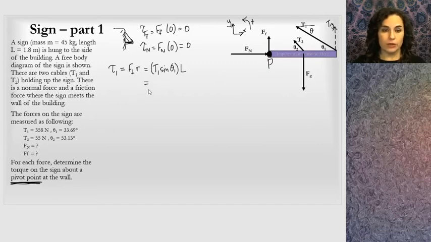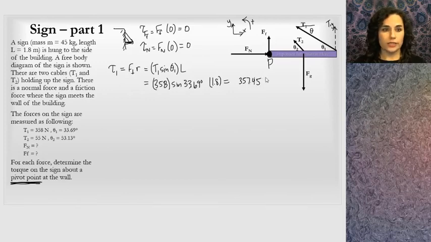They give me T1, 358. They give me sine theta 1, sine of 33.69 degrees, and they give me the length. The length is 1.8 meters. And when you plug this through your calculator, you get 357.45.